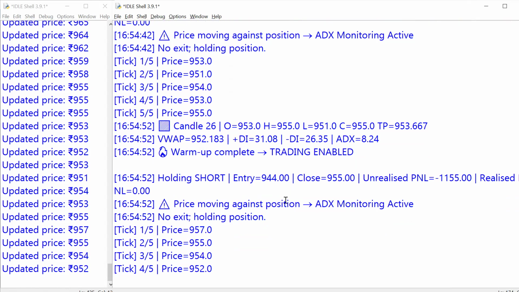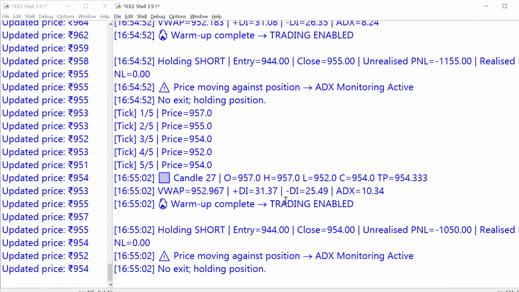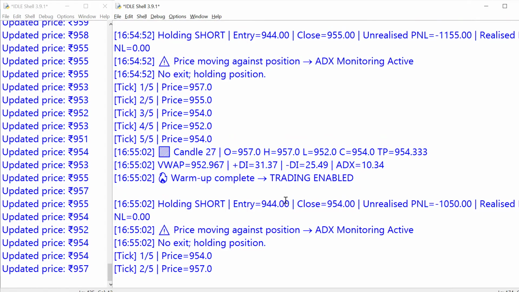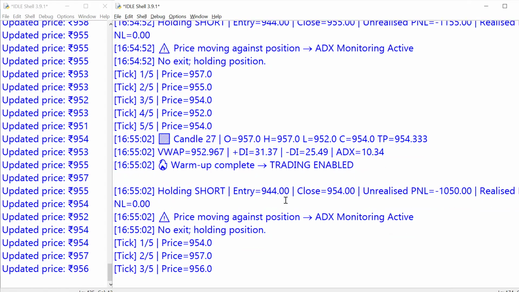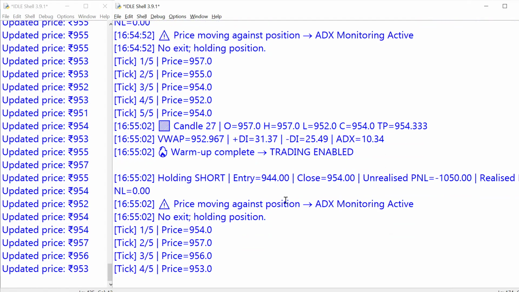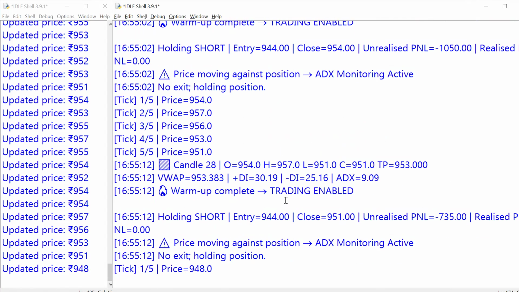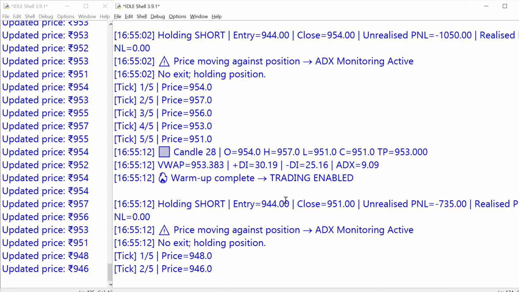So the price is near our entry. ADX is still monitoring. We are holding the short position of 944. We are in a loss because the position is against us.